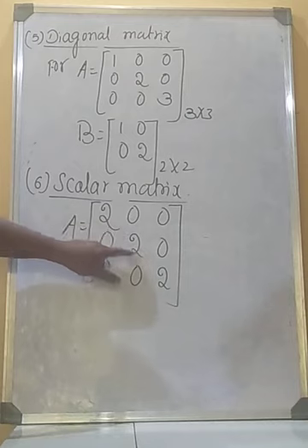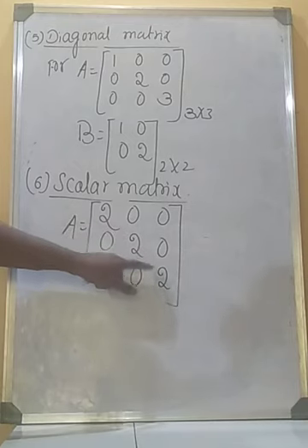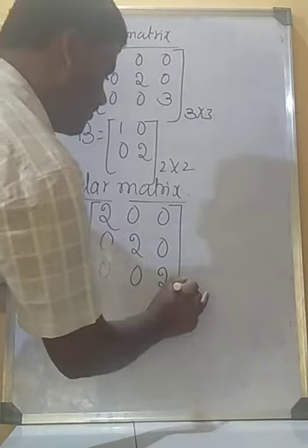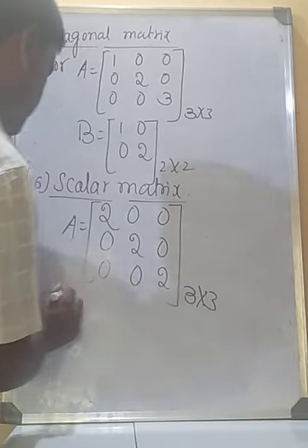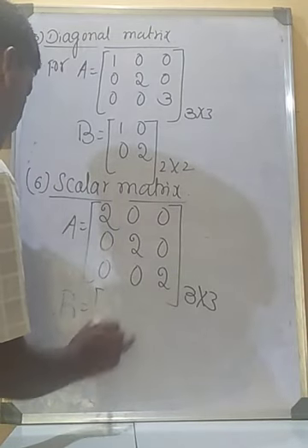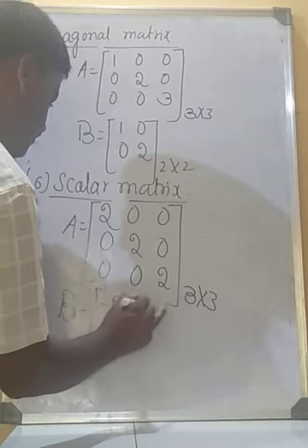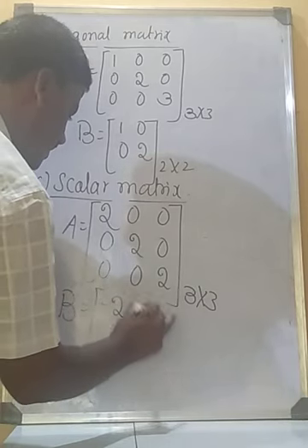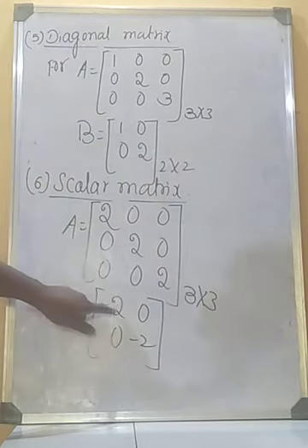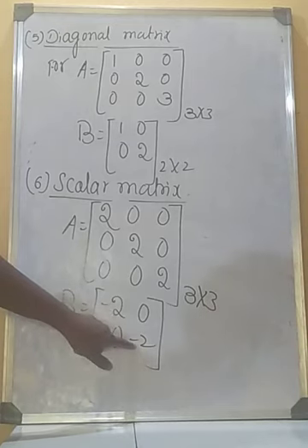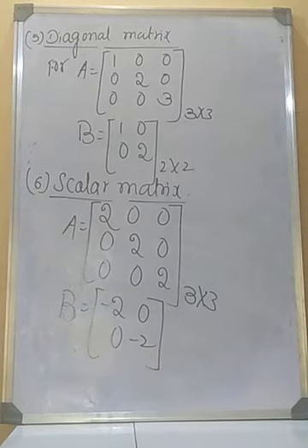Here the principal diagonal elements are equal, a 3 cross 3 matrix. Matrix B is equal to [-2 0; 0 -2], principal diagonal elements are the same.